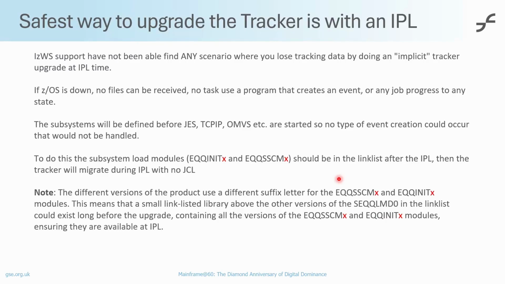So this is the main reason for performing the tracker upgrade in a separate window. Once you start up your system, the subsystem will be defined in the event before JES or TCP/IP or any other task will start. So there will be no event that cannot be handled.